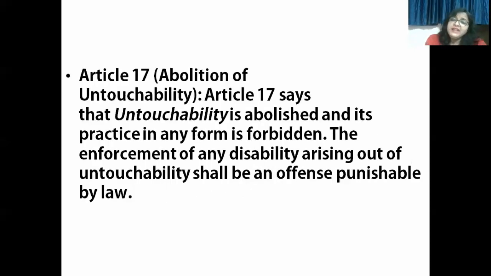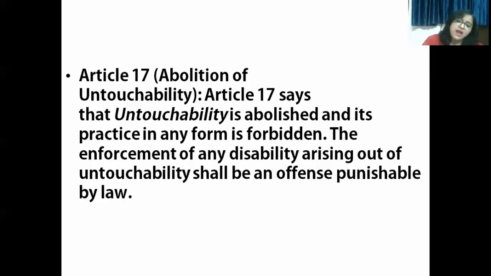Article 17 explains that untouchability has been abolished. No person can be considered as untouchable. If a person or any authority continues the practice of considering any person as untouchable, then it will be considered a crime and punishment will be given in that situation.